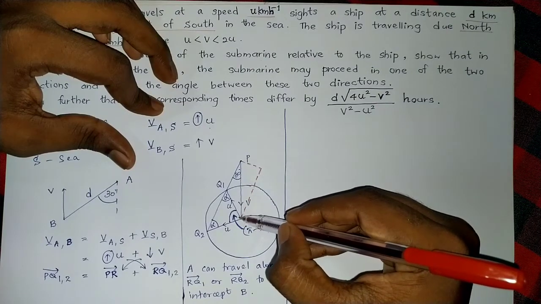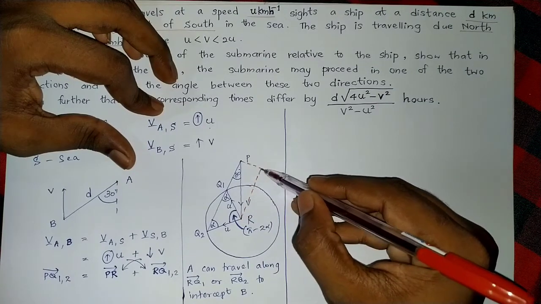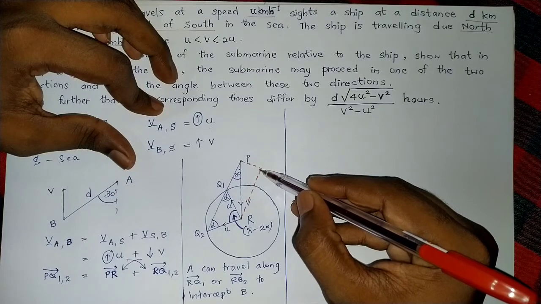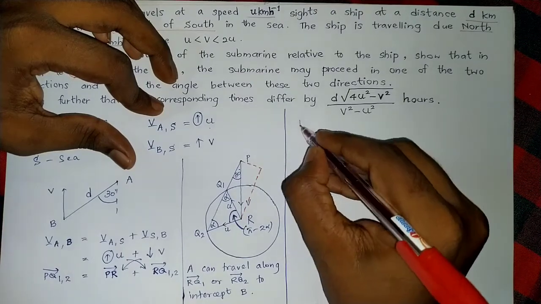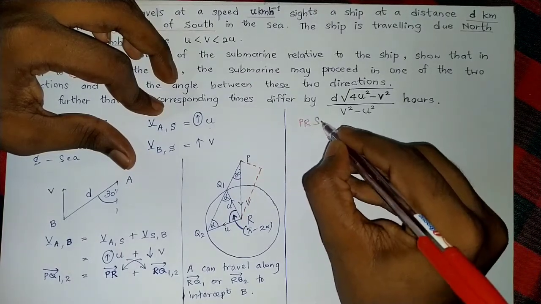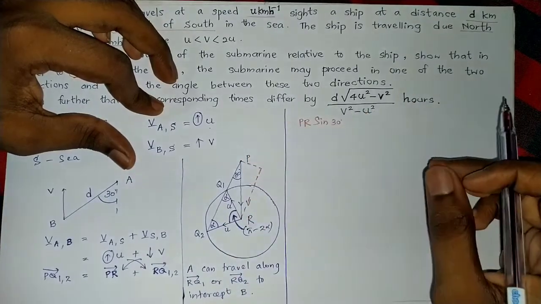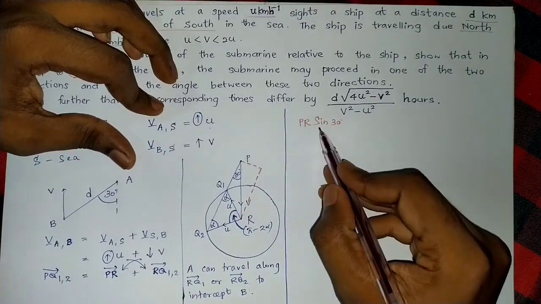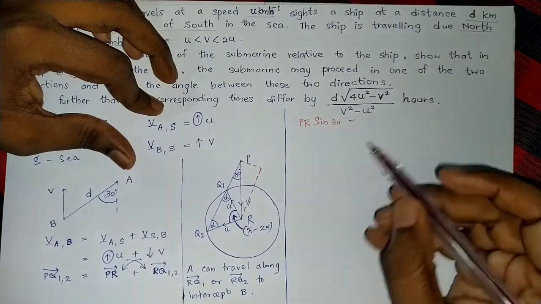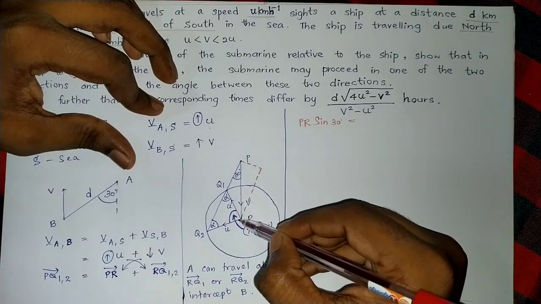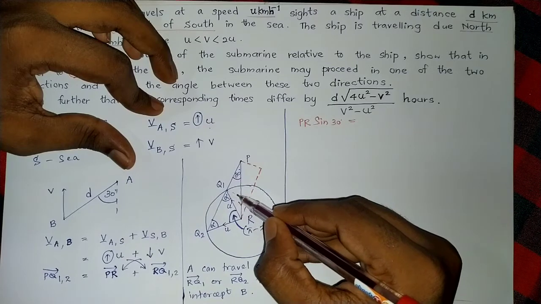PR vector resolved to this direction is equivalent to PR sin 30, because it is resolved away from this 30 degree angle, it is sin.